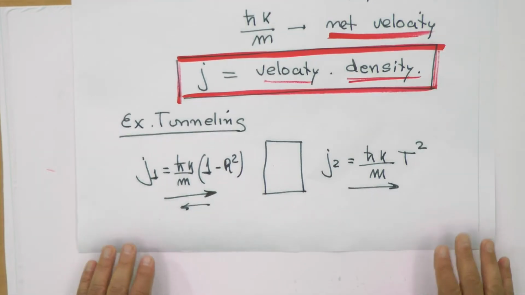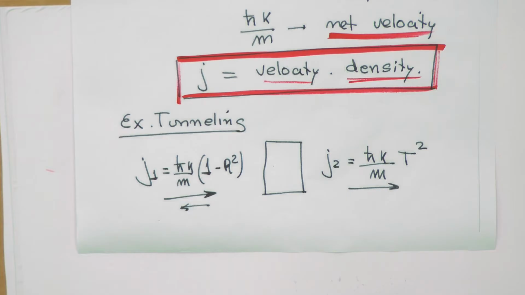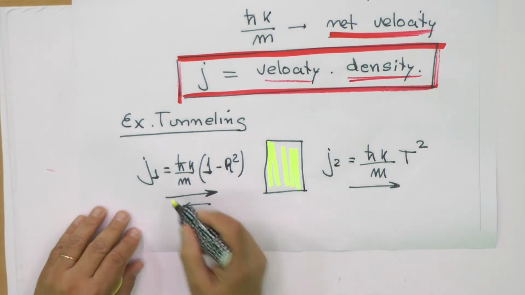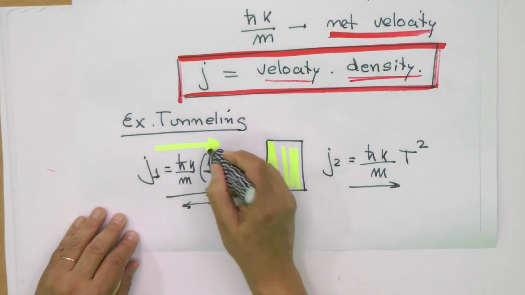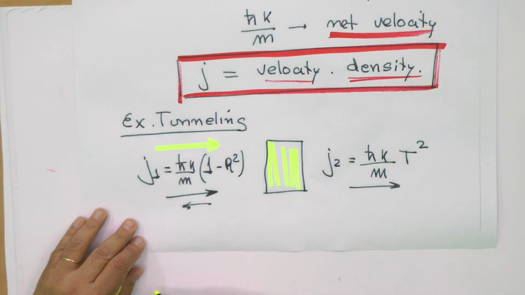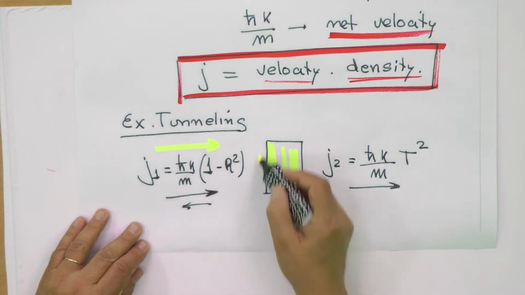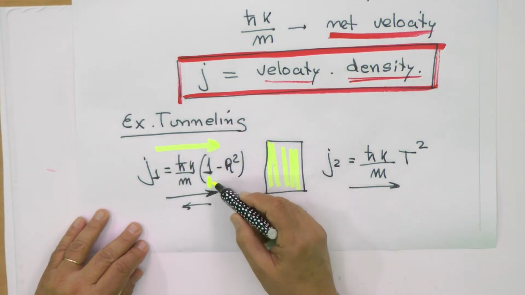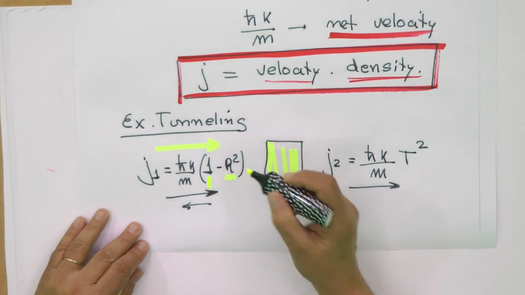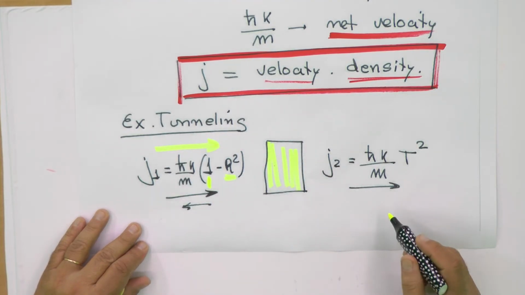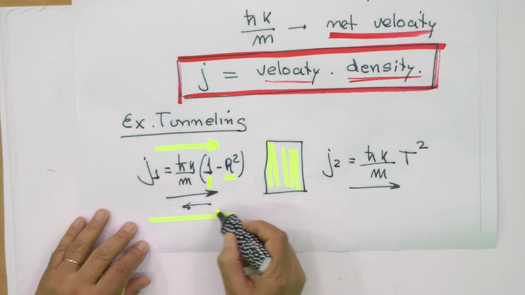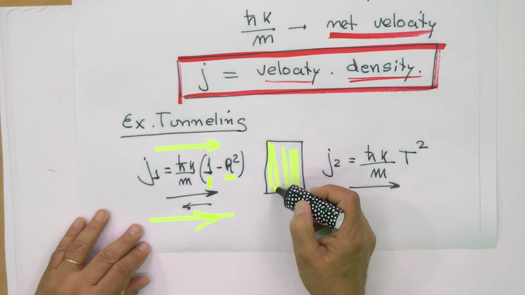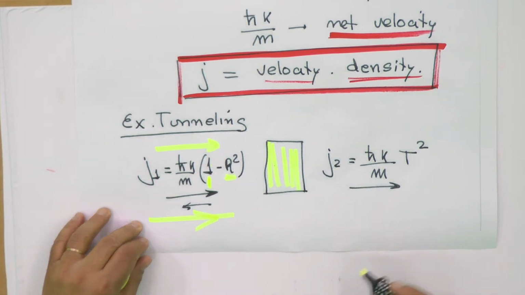But remember, we saw the tunneling, nice tunneling through a barrier. We create a barrier, we send a flux coming, and then if you go back now and find the flux in this region, it has the incoming flux, because it's 1 minus r squared, if you just calculate. Which means the overall flux in this region is whatever is coming in to the barrier minus what's reflected by the barrier.